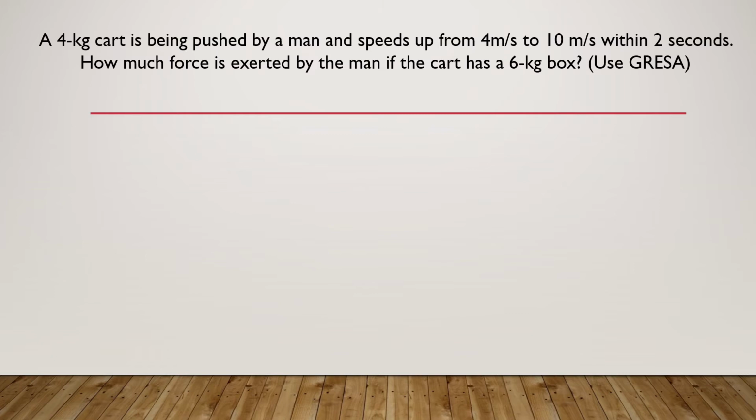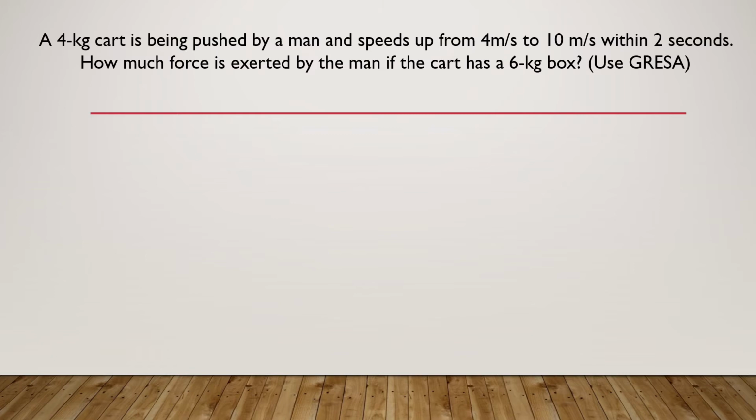A 4 kilogram cart is being pushed by a man and speeds up from 4 meter per second to 10 meter per second within 2 seconds. How much force is exerted by the man if the cart has a 6 kilogram box? So you will notice that there are actually a lot of given in this problem number 4.